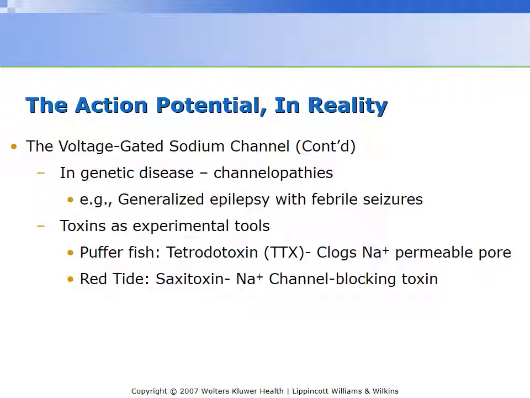Tetrodotoxin can shut down sodium channels. It binds very, very tightly at a specific site outside of the channel, and it blocks all sodium-dependent action potentials. And therefore, obviously, it's fatal.